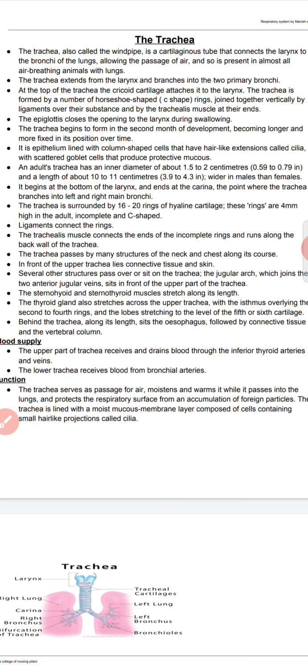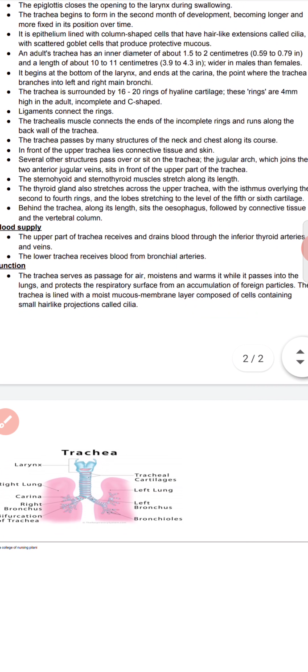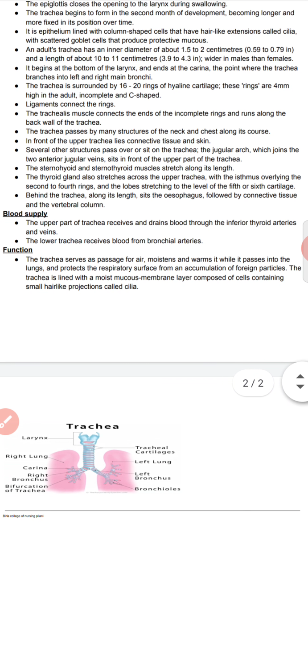The sternohyoid and sternothyroid muscles lie along its length. The thyroid gland also lies across the upper trachea with its isthmus. Behind the trachea, along its length, lies the esophagus, followed by connective tissue and the vertebral column.